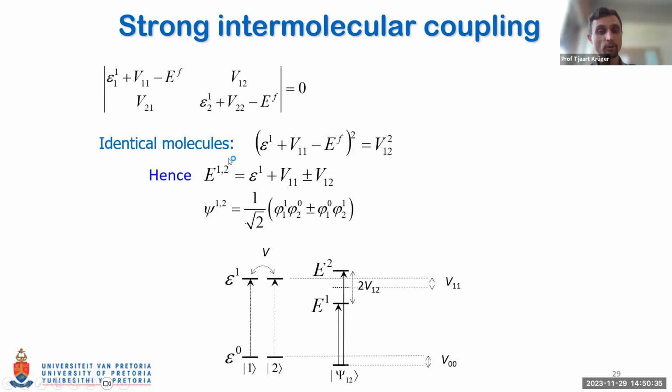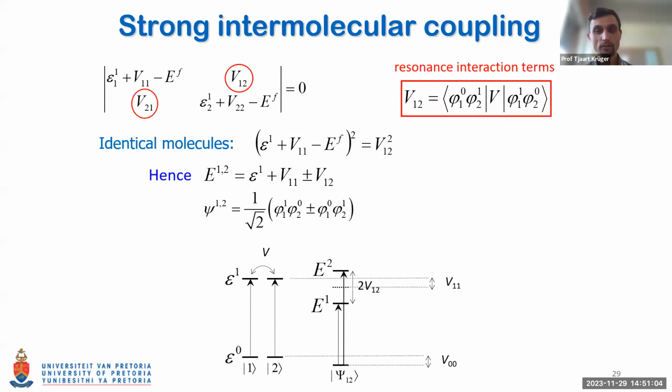And now we have two solutions for the energy. As you can see here, the two solutions give rise to splitting of the energy. This is also called excitonic splitting or Davydov splitting. And the exciton wave function is now delocalized over both the individual molecules.